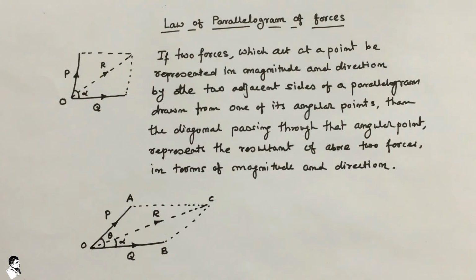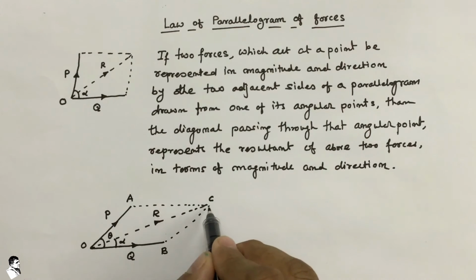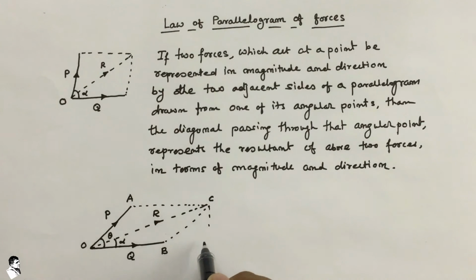Let us consider the point D, the foot of the perpendicular drawn on line OB, and again we extend the line OB, which connects at point D. So the angle between OA and OB is theta, and in the same way this angle is also theta.